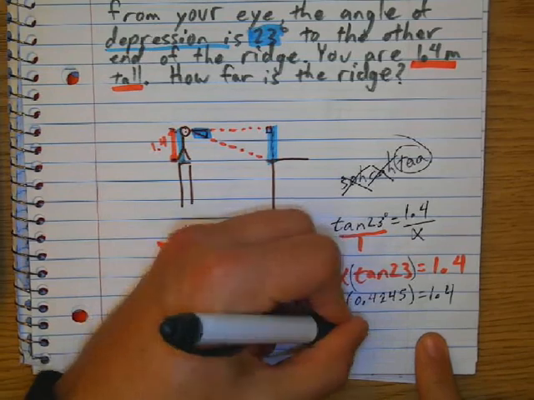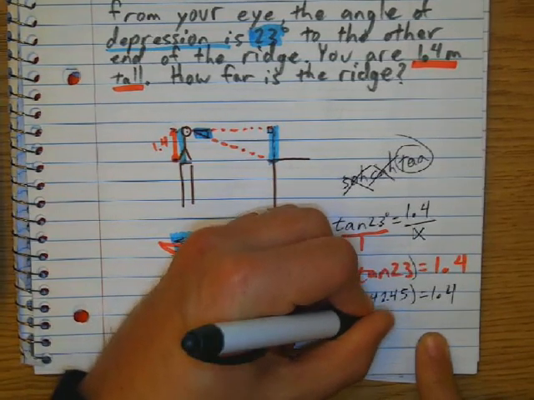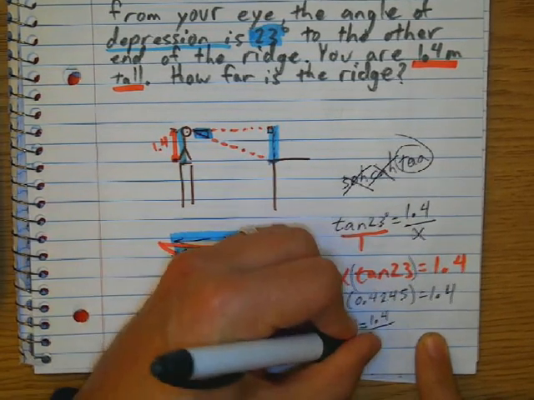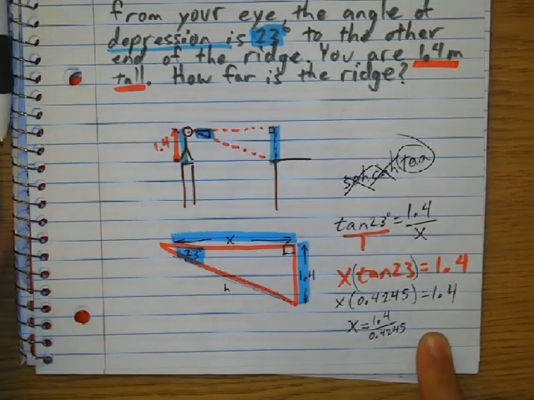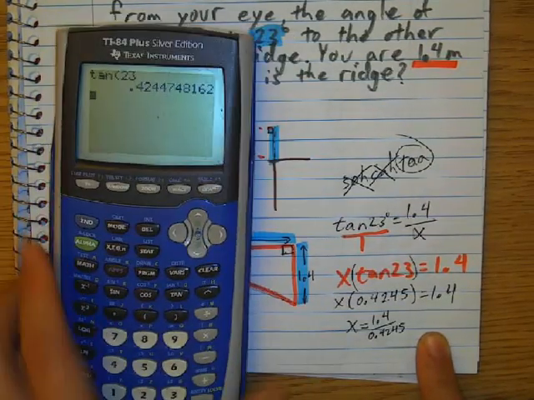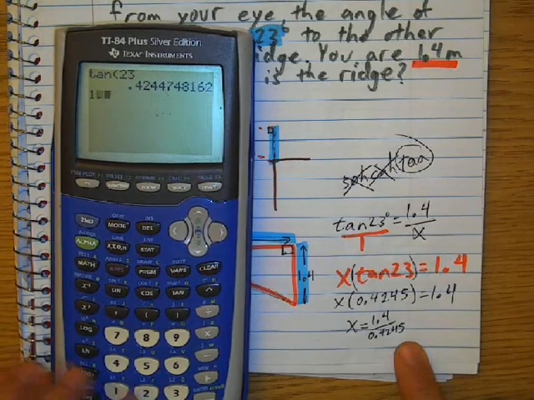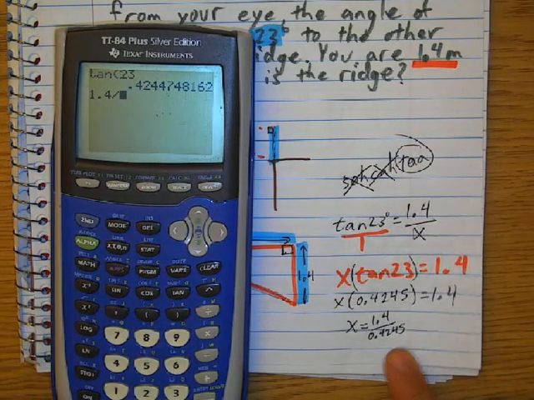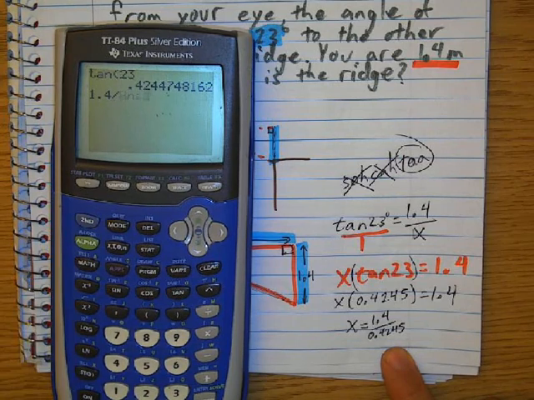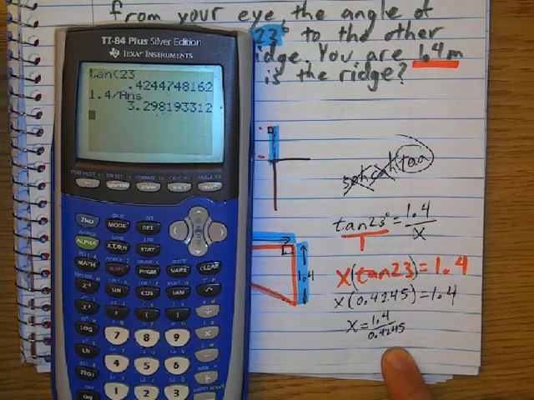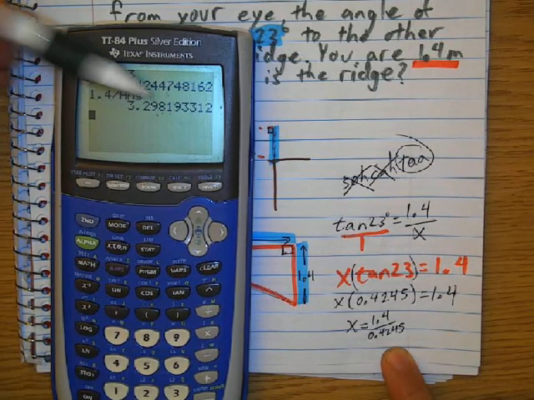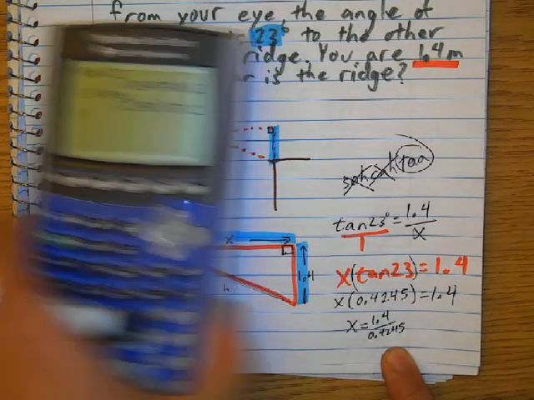X is equal to 1.4 divided by 0.4245. So I'm going to type that into my calculator, 1.4 divided by that, and I hit enter, and I get 3.298.